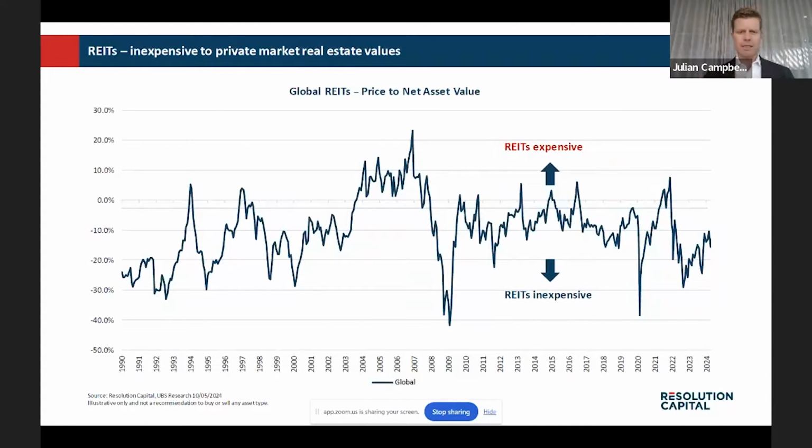It's trading at a discount to the underlying private market values. So this is the long-term price to net asset value for the global sector. And importantly, that's on net asset values, which again are down, with values down 10 to 20, net asset values down even more. So undemandingly valued versus net asset value on values that have already adjusted lower.